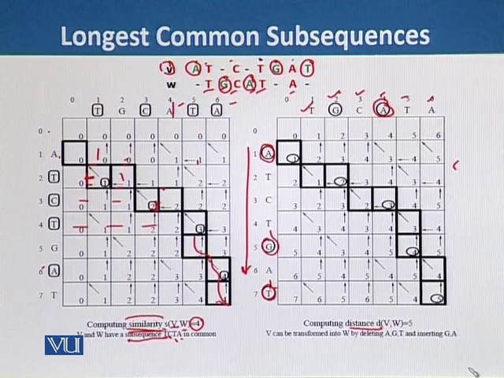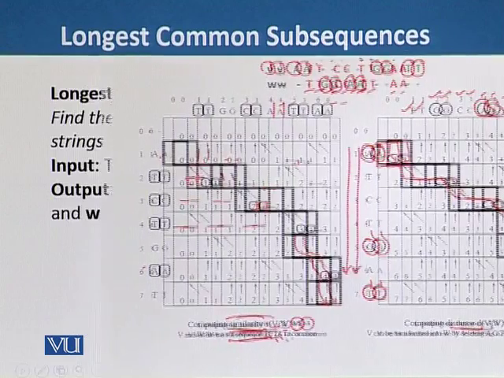So in this graph we are using the dissimilarity or distance between the two strings. By using this we again get the same pattern as we get in the similarity graph. So we use either the similarity or the dissimilarity. Dissimilarity means we use the insertion or deletion, and we get the same pattern as we get for the similarity.